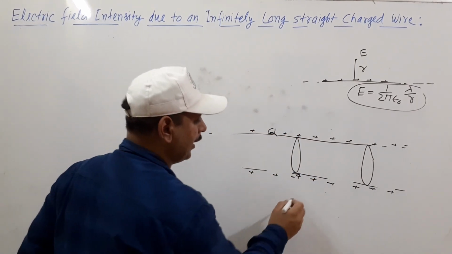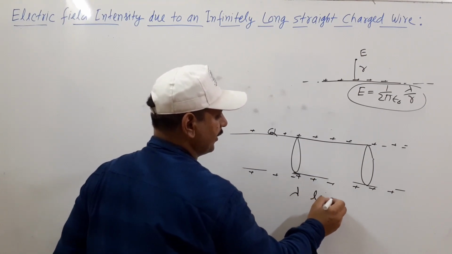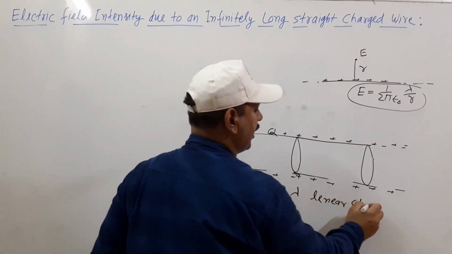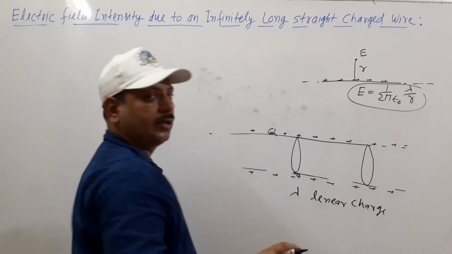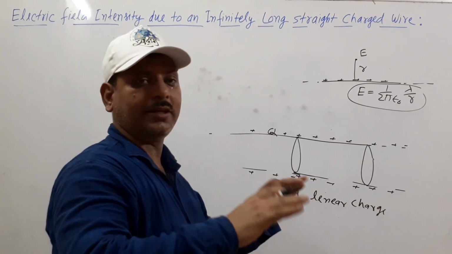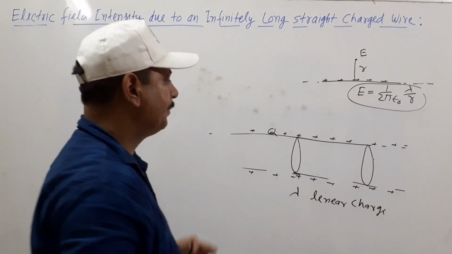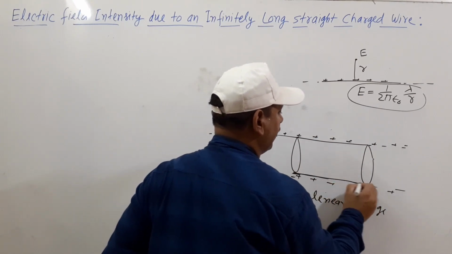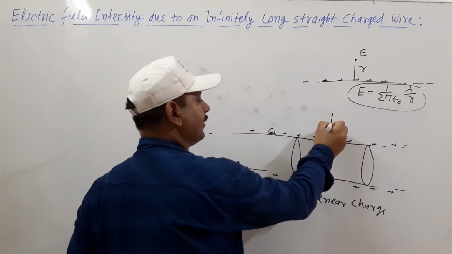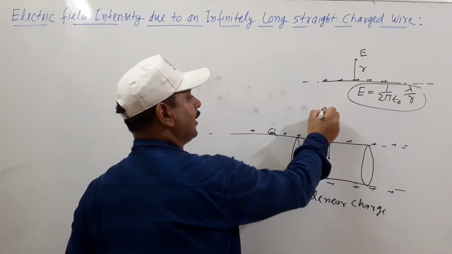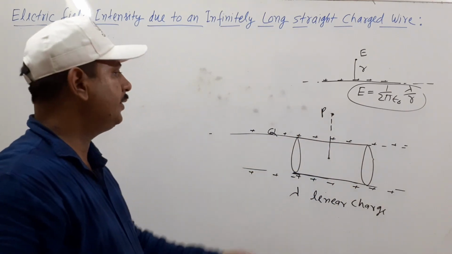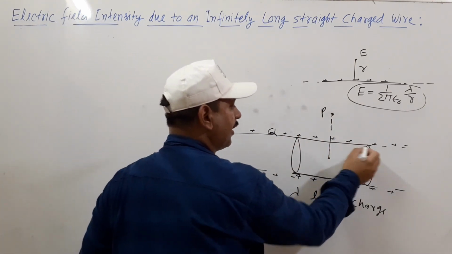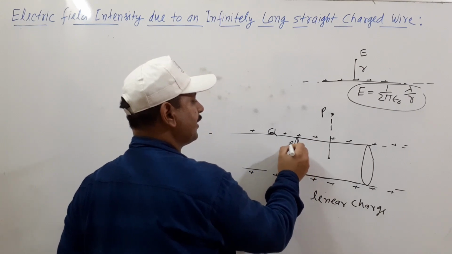Here also lambda is linear charge density, not surface charge density. Linearly they have given it for this cylinder. What will be the electric field intensity at a point? Suppose the radius of this cylinder is capital R.